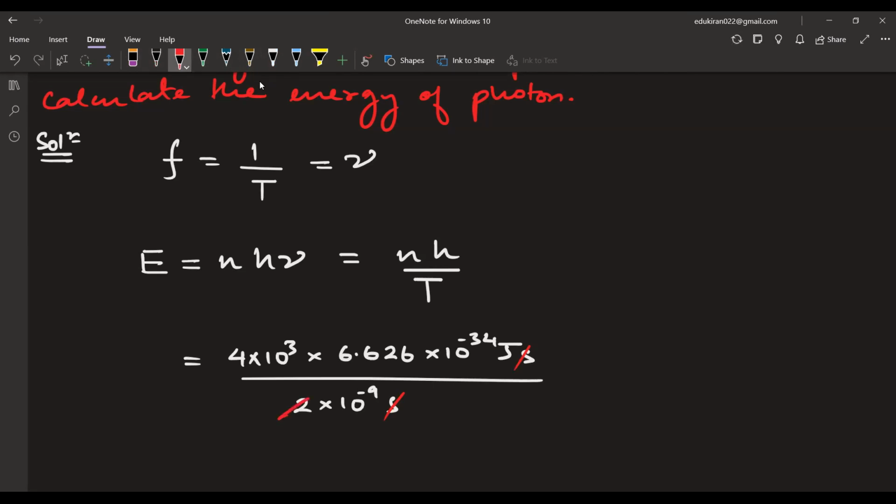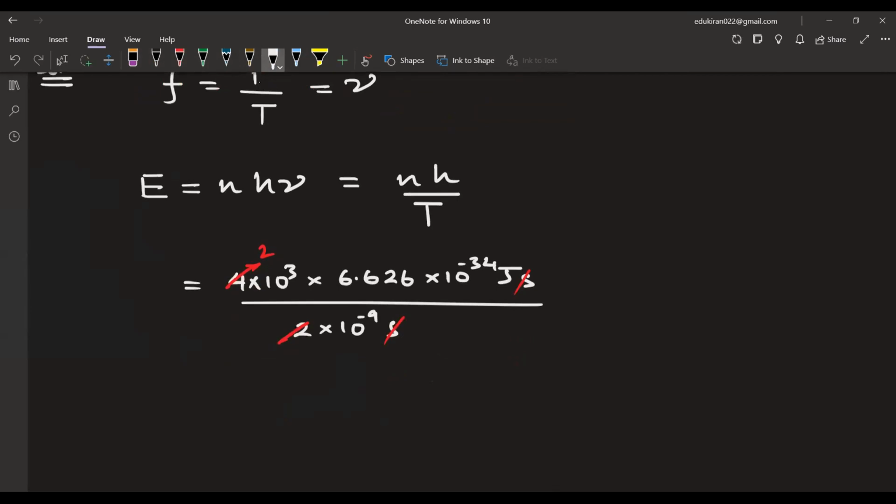So 2 can go with this 2. Okay, and then you can write it as 2 into 6.626 into 10 to the power 3 minus 34 plus 9. Calculate this.